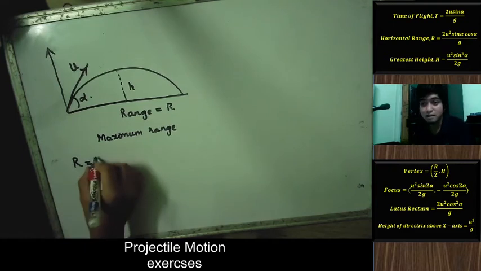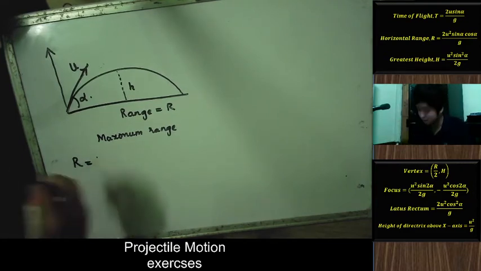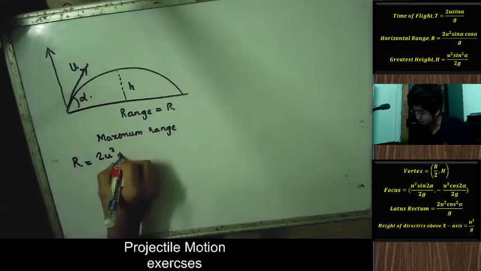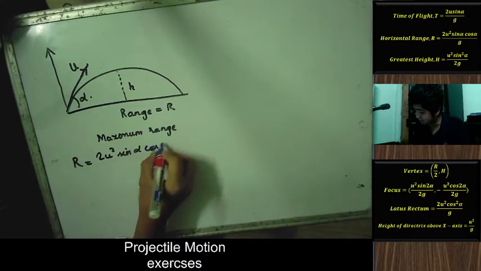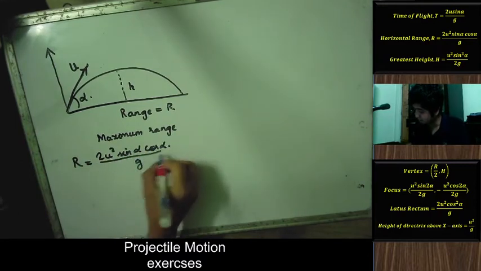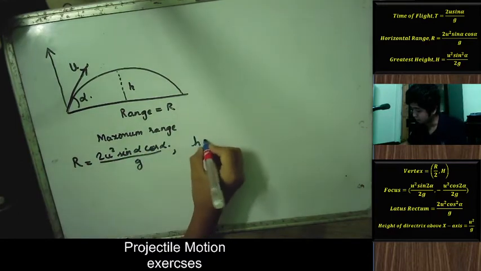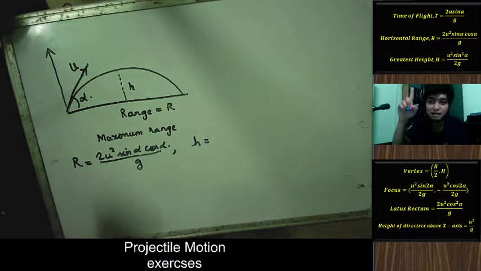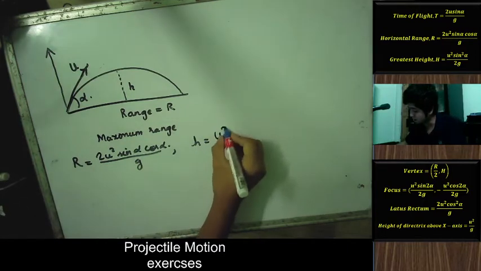R, according to the formula above, is 2u squared sine alpha cos alpha upon g. And we have small h, which is the greatest height. Again, in the formula above it is denoted by capital H, but now we are denoting it with small h according to the question, but it does not change.